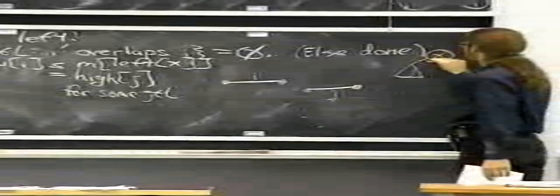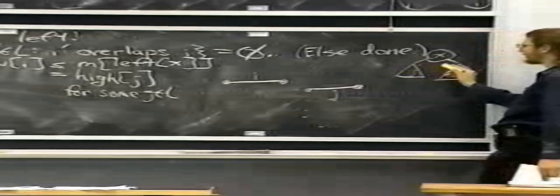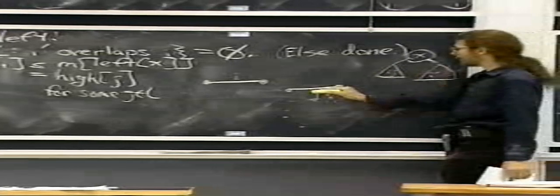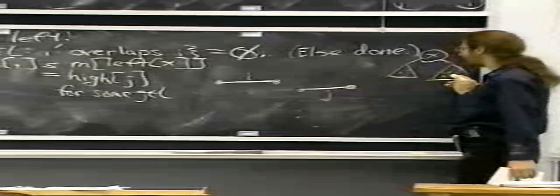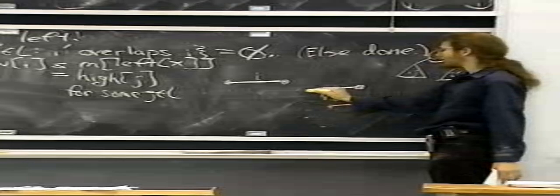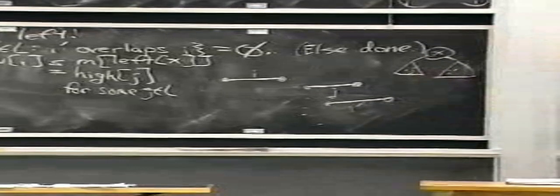So j is over here in the left subtree somewhere. Here's x. Anything in the right subtree, by the binary search tree property, has a larger key than over here. So as you said, every I prime has a larger left endpoint than j does, because j is in the left subtree.